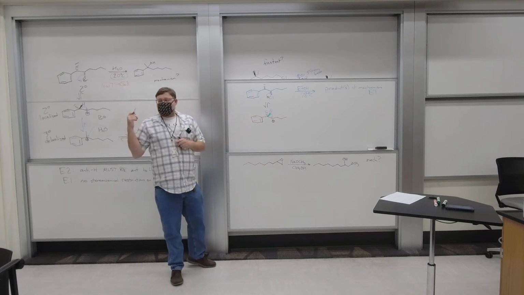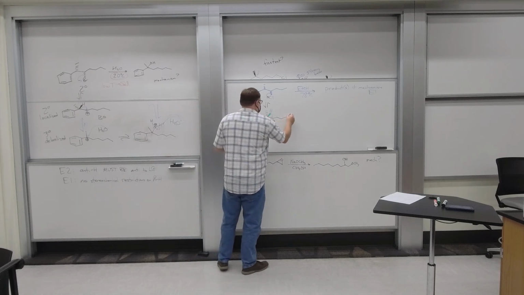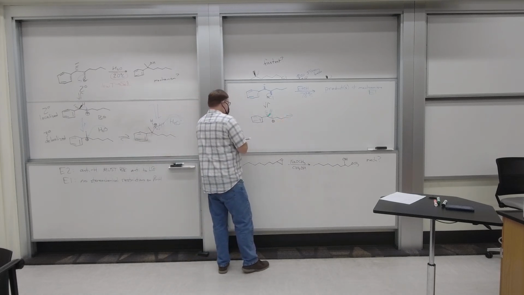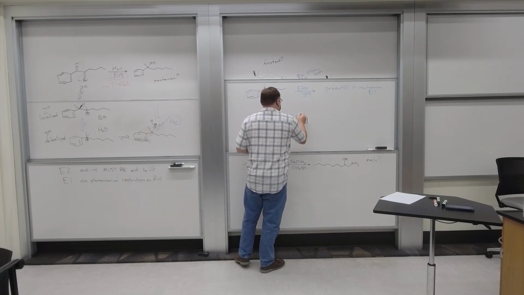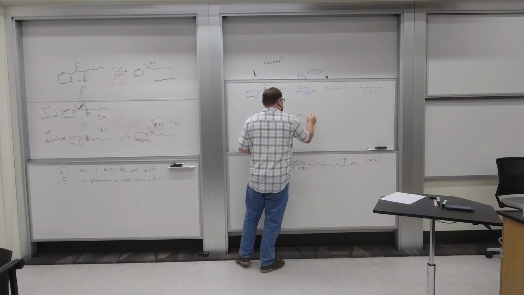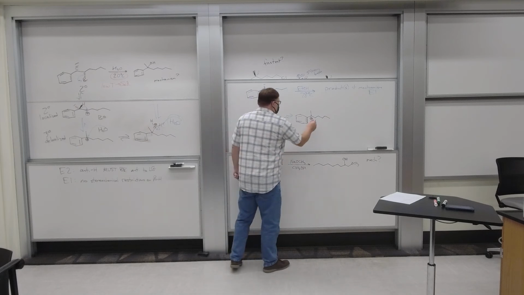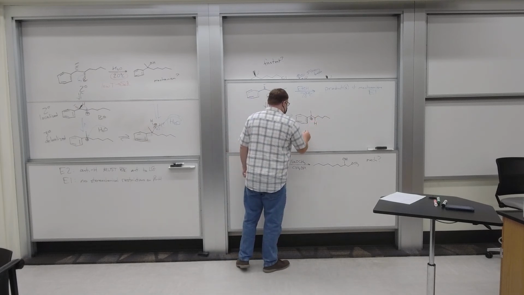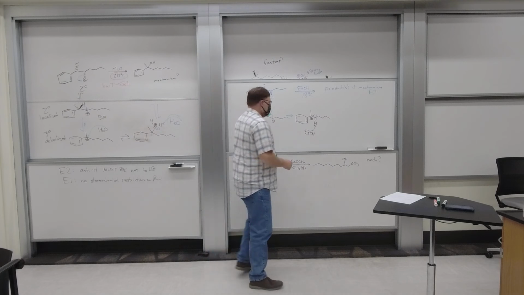If we get a migration at 20 degrees, we certainly get it at 30 degrees or at 78 degrees. So we end up with this tertiary cation. And now we're going to lose that beta proton. Let me draw that better.